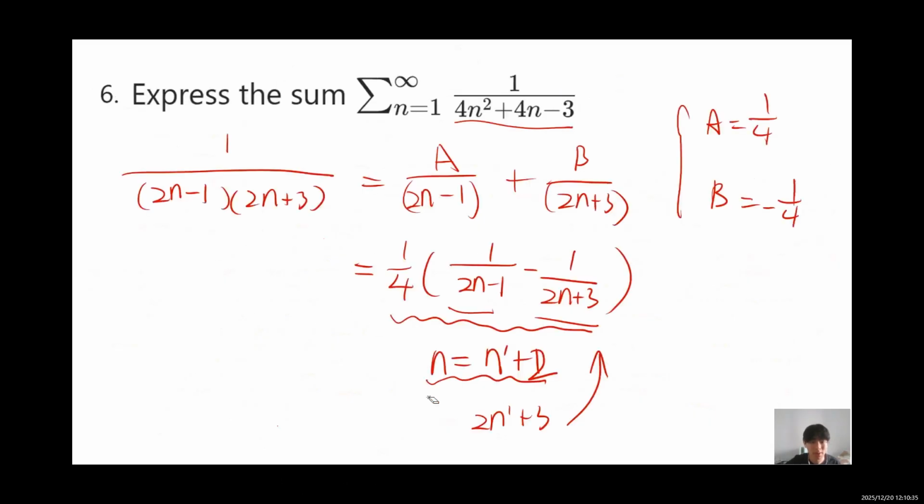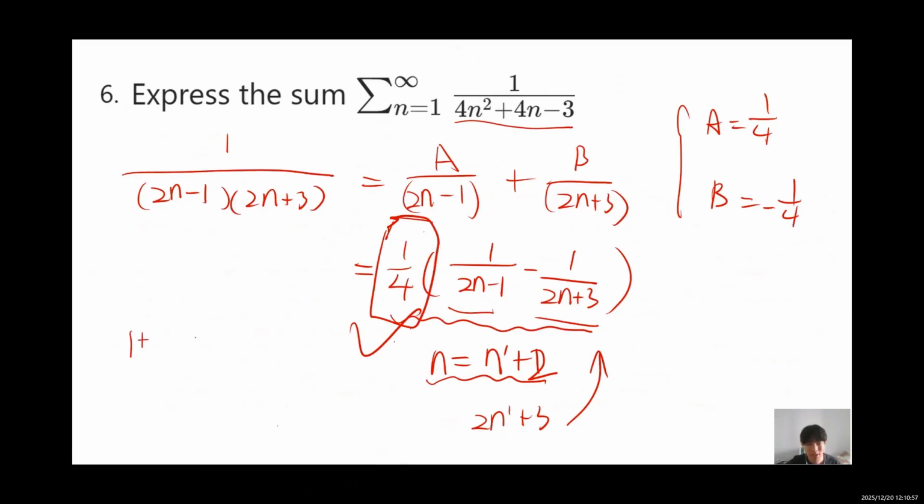So we can find the pattern now. The rest of things is easy, but please don't forget the 1 over 4 after cancellation, okay? So we can just skip the calculation.